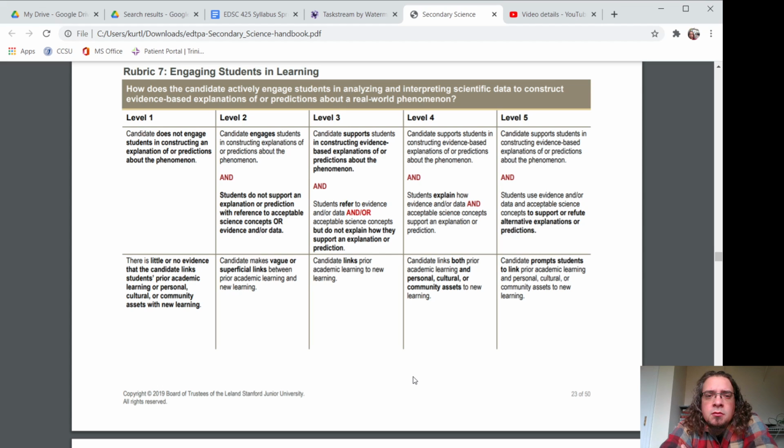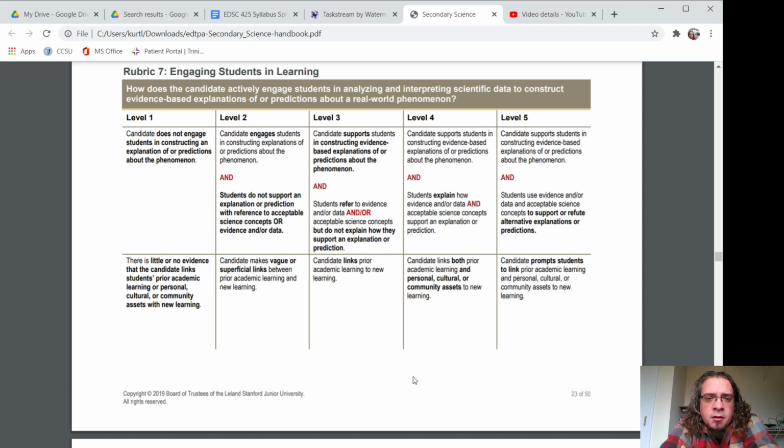So the students are sort of giving their ideas. It's obvious that the teacher is supporting students in creating an evidence-based explanation. So that's all good. But obviously where we're going to go from here is that students do explain.